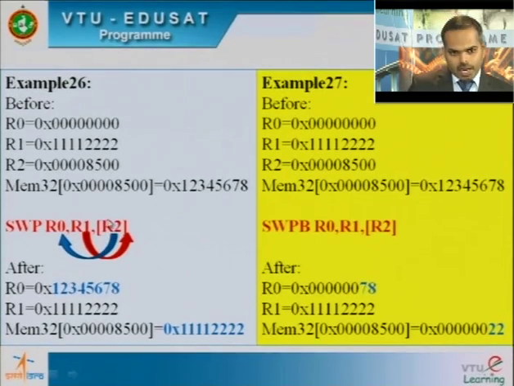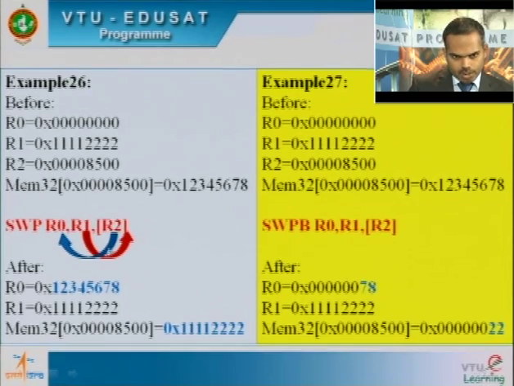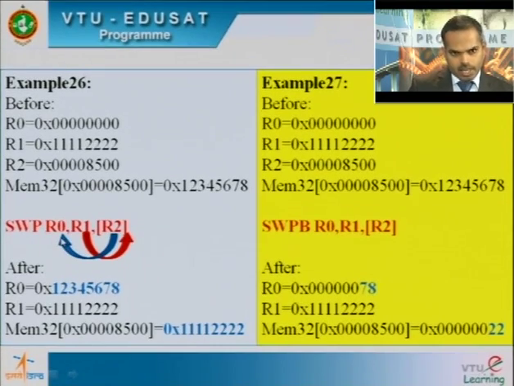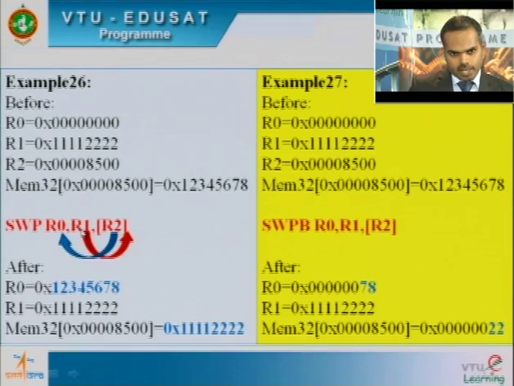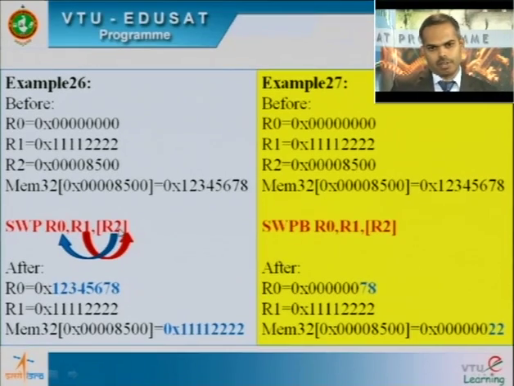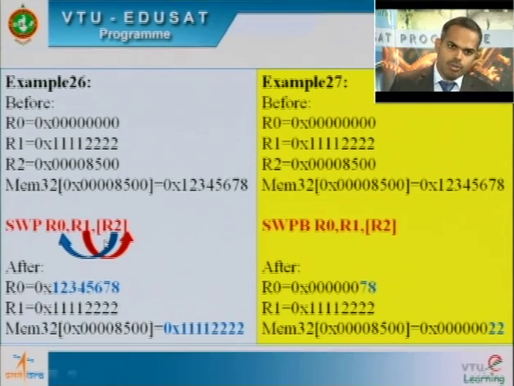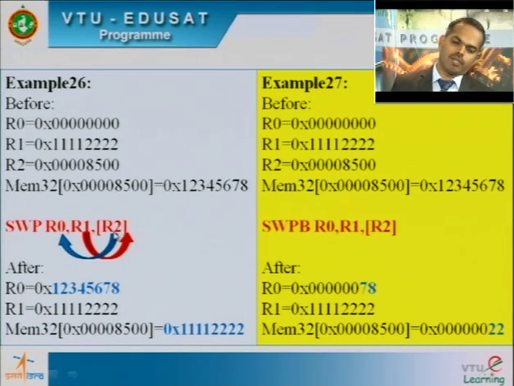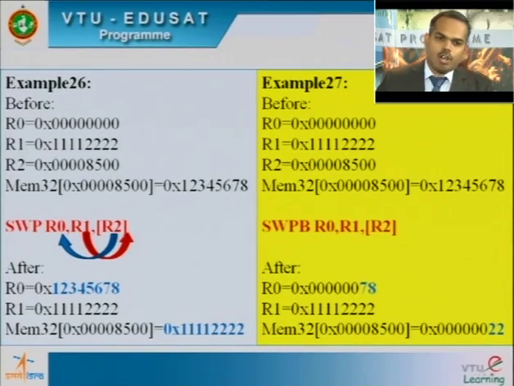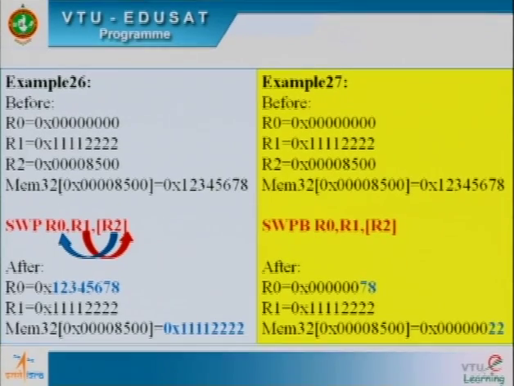What happens? Content of R2 first gets copied to R0 and then content of R1 gets copied to the R2 location. Here R2 holds the address of the RAM location. That RAM location value gets affected with the R1 register value.